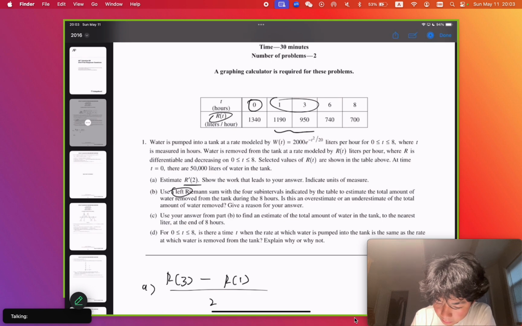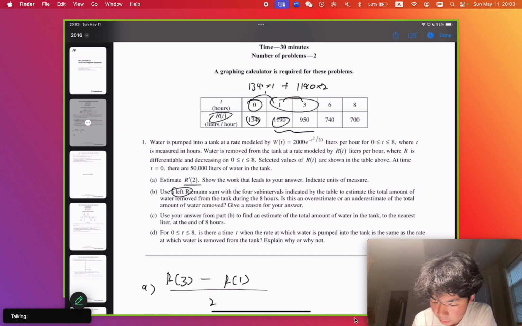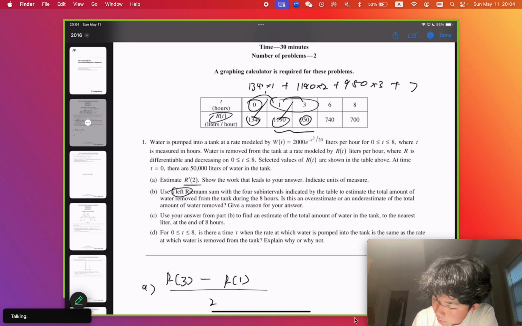You want to say 1340 times 1, since this is one interval, plus 1190 times 2, because from here is 2 intervals. You only want to calculate the left, right? And then plus 950 times 3, and then plus 740 times 2.